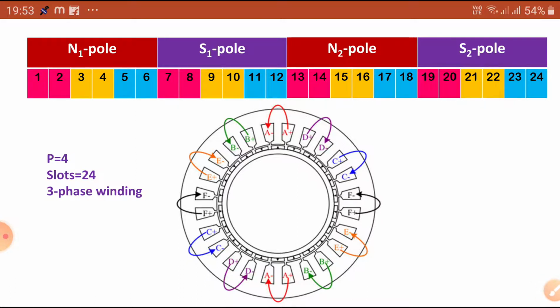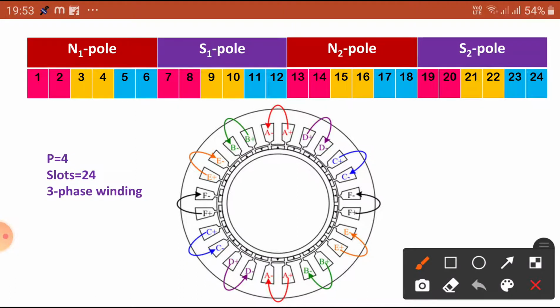Now, you can see here also, two slots under this north pole: R phase, Y phase and B phase. Slots 1 and 2 are R phase, 3 and 4 are Y phase, and 5 and 6 are B phase. Sequentially, it starts once again with R phase, 7, 8, and then Y phase, 9, 10, and so on.